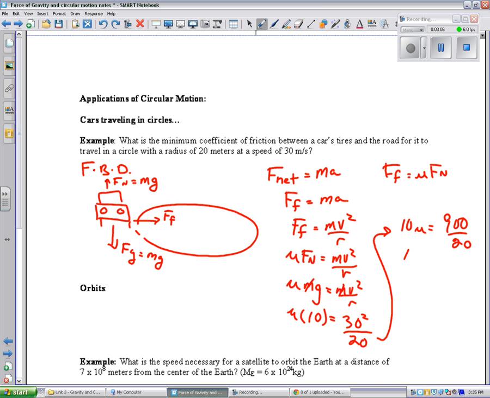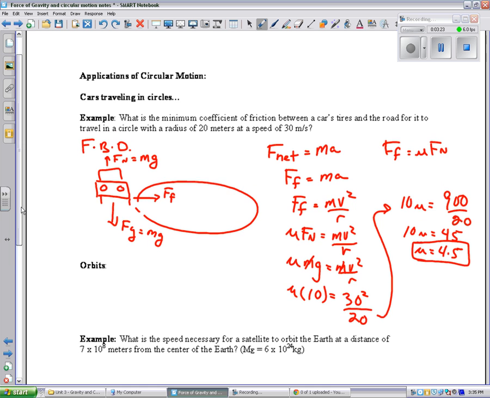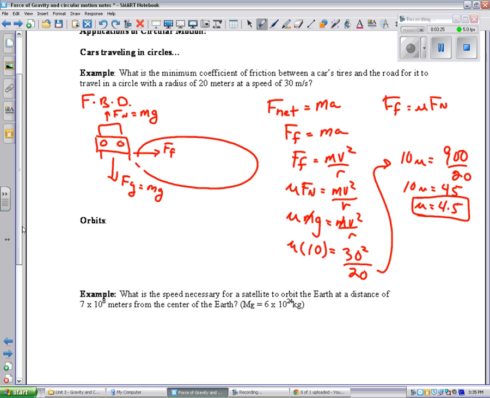So then 10 mu equals 45, and then mu would be 4.5, which is kind of a large value. I guess I didn't think about whether to make this problem make sense before I made it up, but that is how you handle a car traveling in a circle.